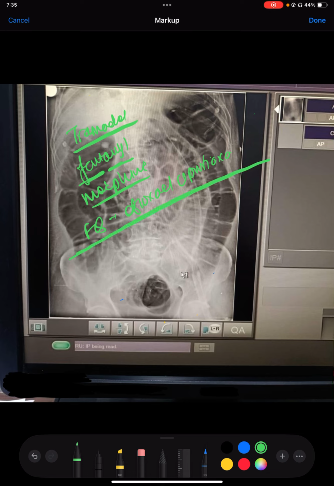Various antibiotics like meropenem or cephalosporins can also cause constipation. So there are so many drugs which have a significant tendency of causing constipation.